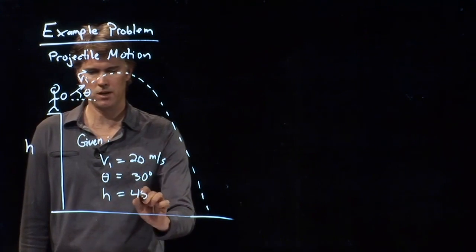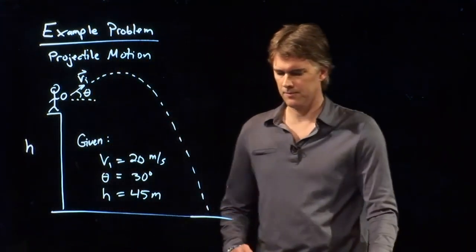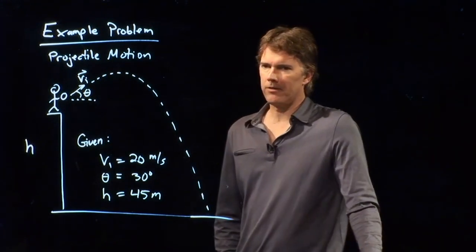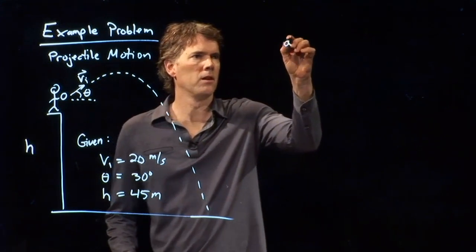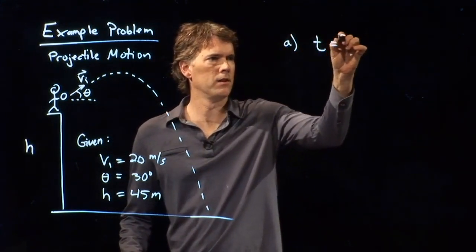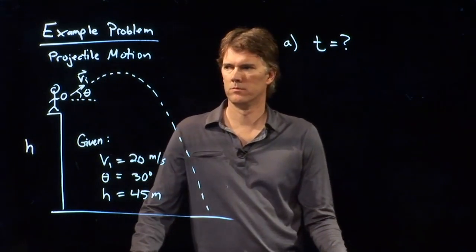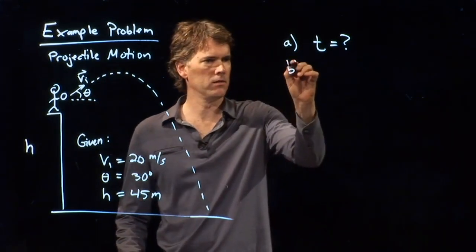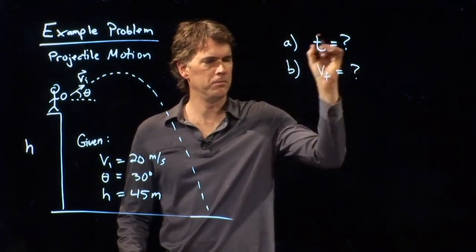And h is 45 meters. Okay. And let's ask the following question. Question A is, how long is this thing in the air? Question B is, what is its final speed?